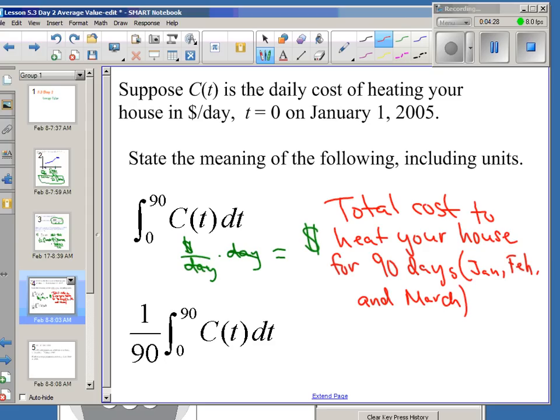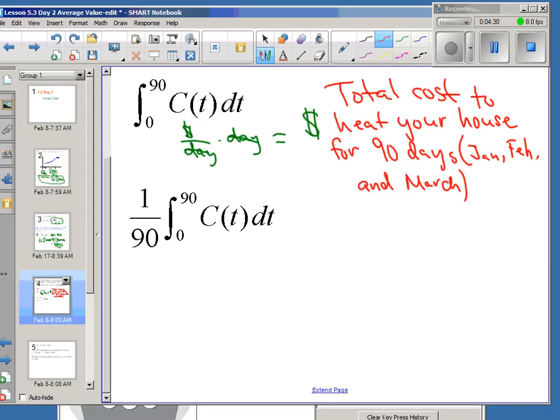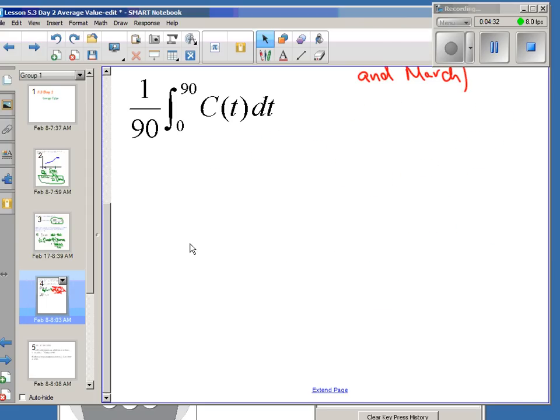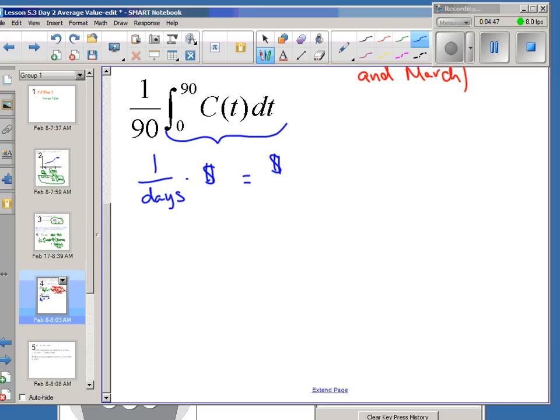All right. Next part here, we have to interpret this, see what it means. First off, let's look at the units. So 1 over 90 is 1 over the days. And we already said the value of this integral here was in terms of dollars. So our units are going to end up being dollars per day.